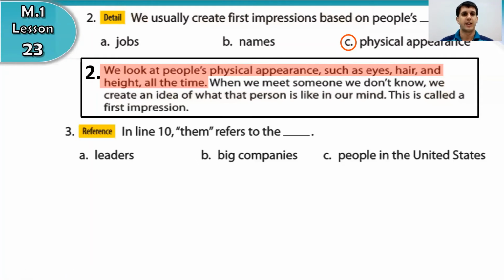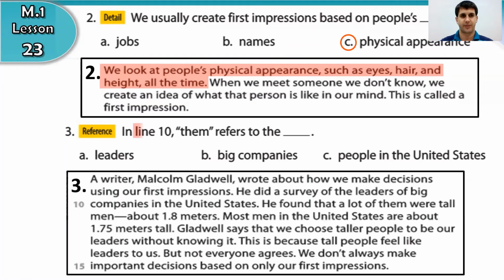Number 3, in line 10, them refers to the leaders, big companies, or people in the United States. What do you think? Line 10, there it is. Them refers to, what do you think?